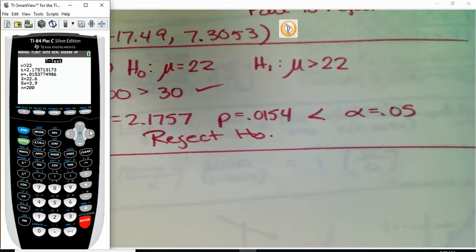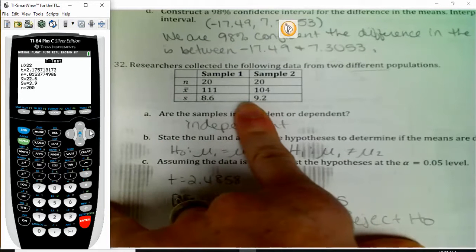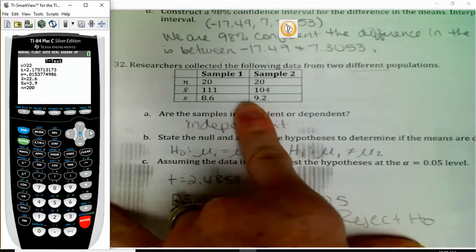Yes, 32C. Okay. I'm just going to run through A and B first to make sure everybody's okay with those. So this one we just had data from 2 different populations. Nothing about this indicates that these populations are related, that it was a before and after, so would they be independent or dependent?